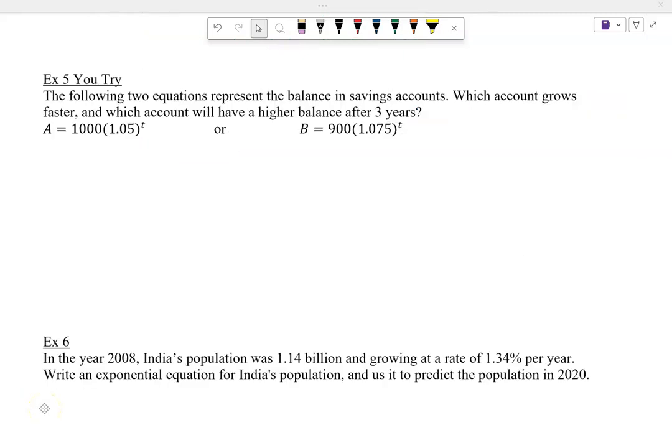So you've got a couple equations here. I want you to compare them. So which one grows faster? So you're comparing the rate, right? And notice both of these have values bigger than 1. So we know they're both exponential growth. So this first one is growing at what rate?